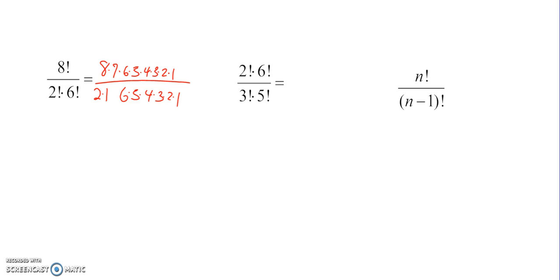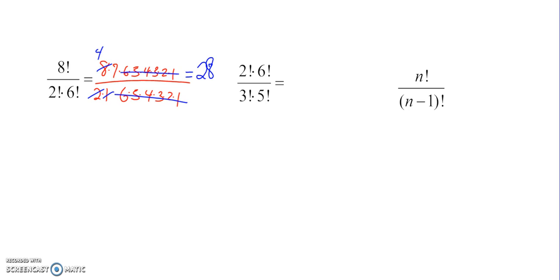The nice part is, if you think of these as fractions, 6 times 5 times 4 times 3 times 2 times 1 is on the bottom and also on the top, so they all cancel out. Obviously I don't need to worry about multiplying by 1, that doesn't change anything. 2 goes into 8 4 times. So my answer here is 4 times 7, 28. Not a whole lot of work needed.